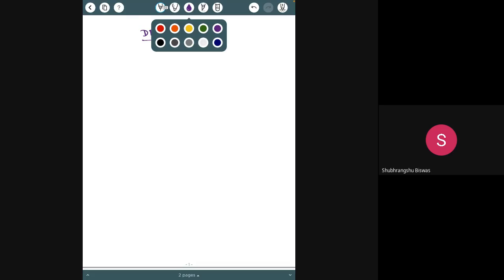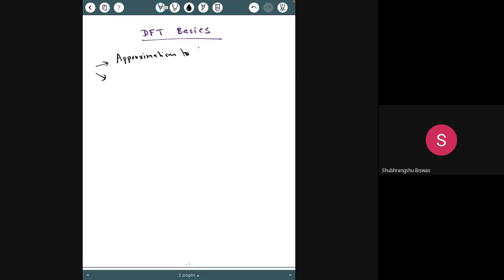So far what we have done is we've always started with an expression for the wave function, and then we've used the Schrodinger equation. So one way is where you take approximations to the wave function, which is the first step in all the methods we've done so far.